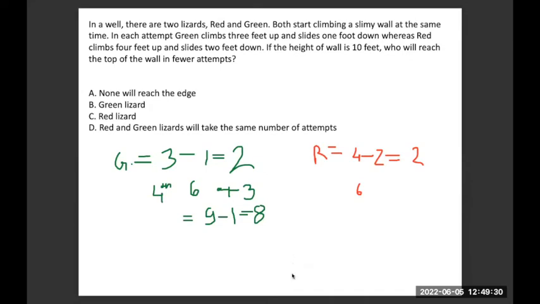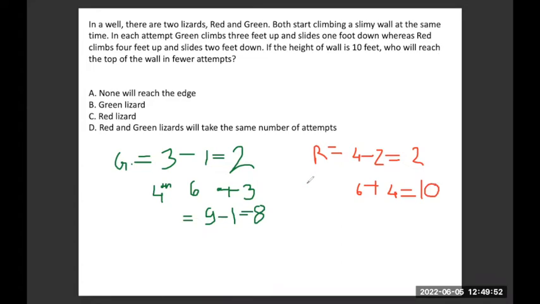For the red one, after the third attempt, when it has reached a height of 6 feet, it will climb 4 feet. With the 4 feet climb, it will have reached the top of the wall, which is 10 feet.